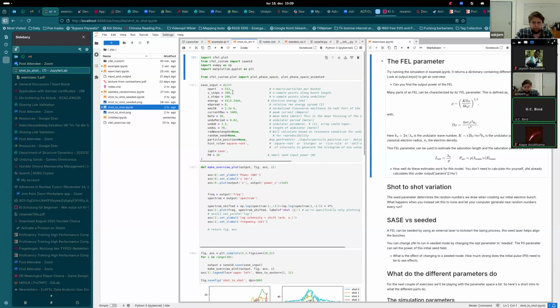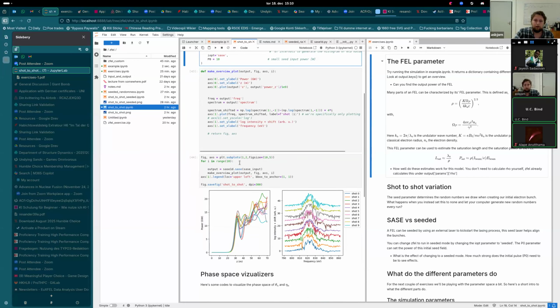So here I have a little, this is no seed. We are in the SASE mode and it's the same parameters as before. And if you run this simulation 10 times and plot the power and the spectrum, you get something that looks like this. Okay, nice shot to shot.